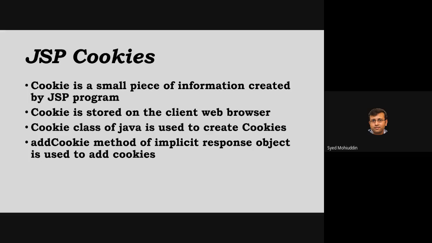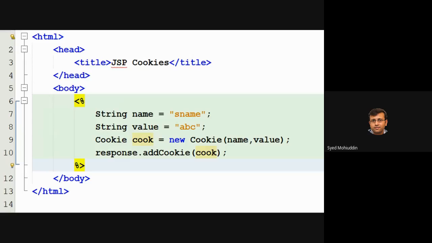If you remember, we use the addCookie method to add cookies to the client's web browser as part of the response. If you look at this program, the statement with the cookie name and value is the same as what we saw in the servlet class. Cookie is the class we are using to create a new cookie, and we use addCookie on the response object.